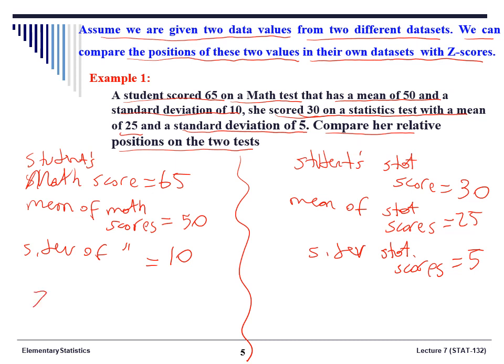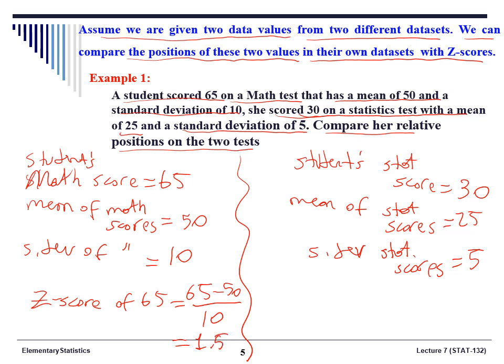So we are finding the z-score of 65 in this data set. We do 65 minus the mean, 50, divided by the standard deviation, which is 10, and it gives us 1.5.